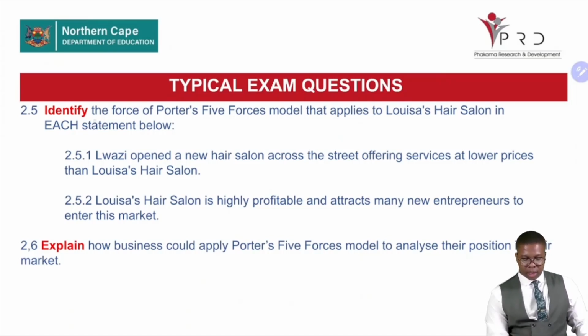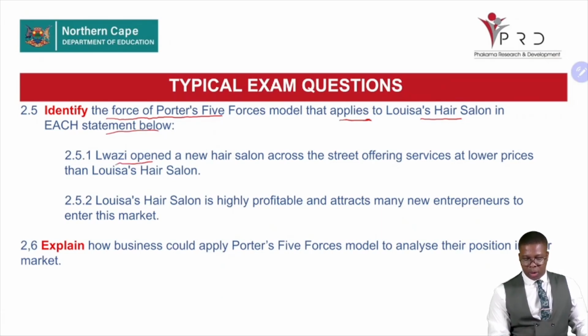So 2.5 would then say to you, identify the forces of Porter's 5 model that are applied by Louisa's Hair Salon in each statement below. 2.5.1 says, Loazi opened a new hair salon across the street offering services at a lower price than Louisa's Hair Salon.